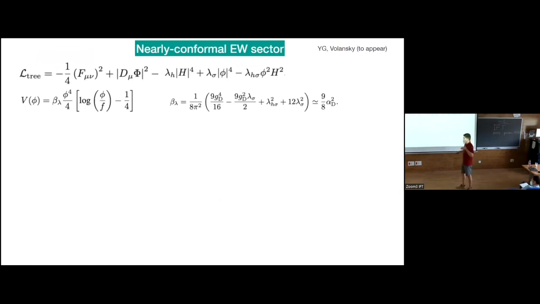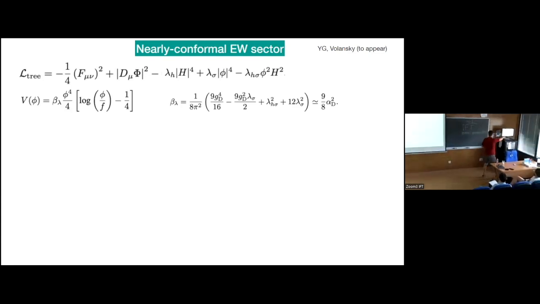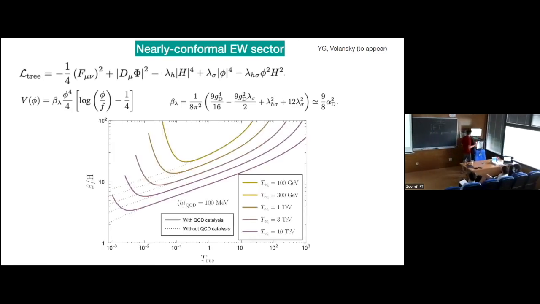You assume that this model lives along a flat direction, and this flat direction is broken by radiative corrections, because you assume the gauge coupling in the SU(2) dark to be strong, so large alpha_D, so large beta, so large loop corrections. And this is a prediction of the model.